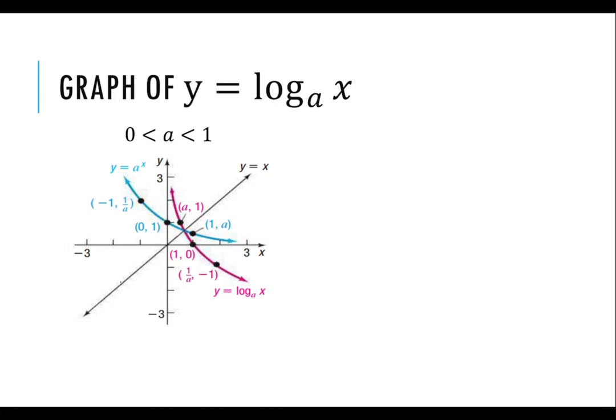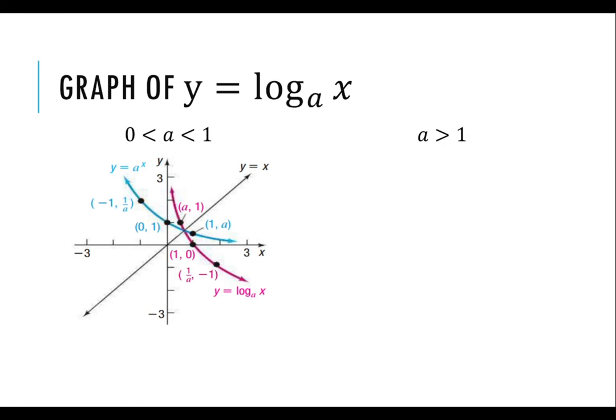Then if we use the line y equals x, we know that inverses have to reflect across that line. So reflect the blue line across y equals x, and we will get this pink or red line. So now I see that this is what the logarithm looks like when my base is a number between 0 and 1. It's actually going to be a decreasing function with vertical asymptote at x equals 0, and it will just decrease as we move to the right.